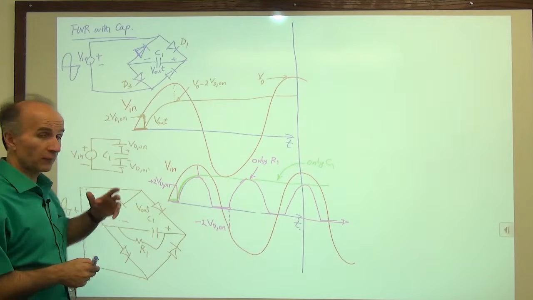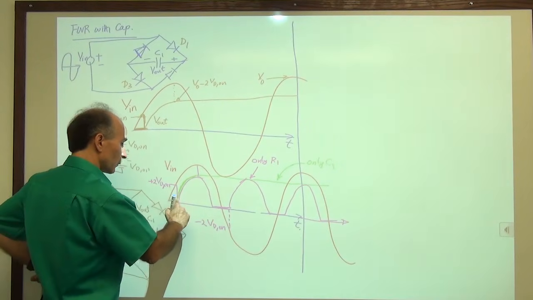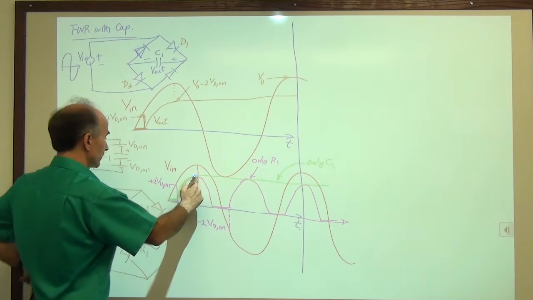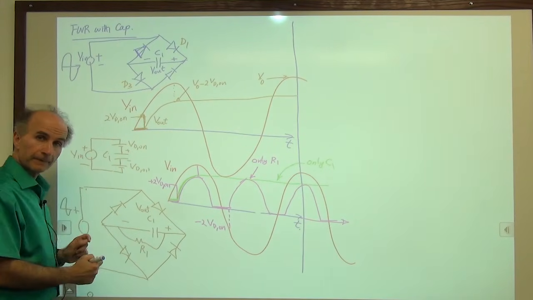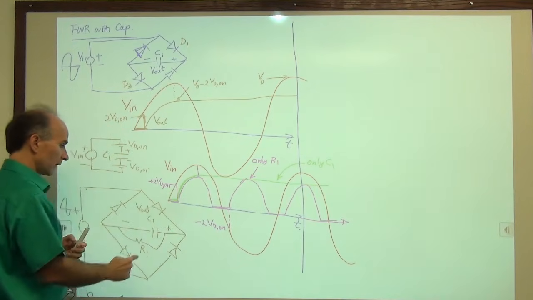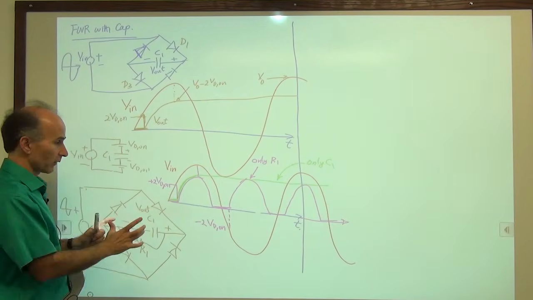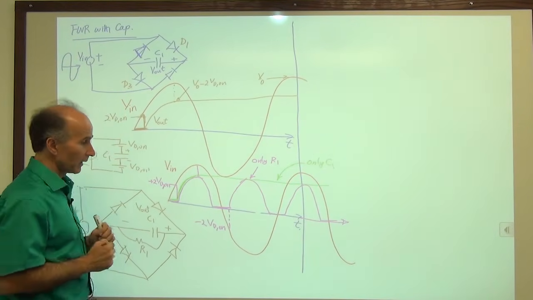Okay, so now the question is, what happens if we have both R1 and C1? Well, we can see from the study of the half-wave rectifier that the output voltage goes up here when the 2 diodes turn on and charges the capacitor. But then once the input starts falling, the 2 diodes turn off. And for a while, nothing is connected to the capacitor. The capacitor is sitting by itself.